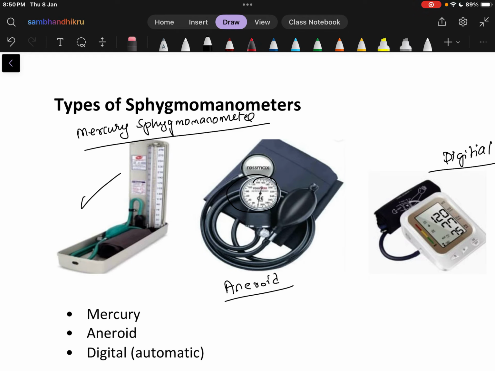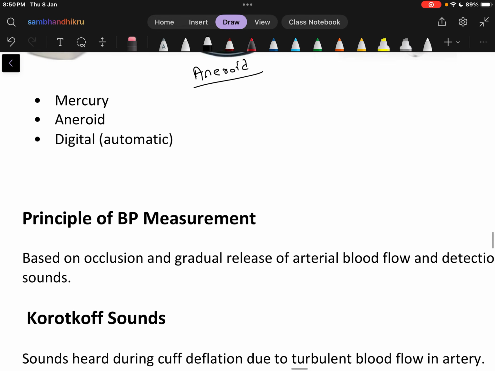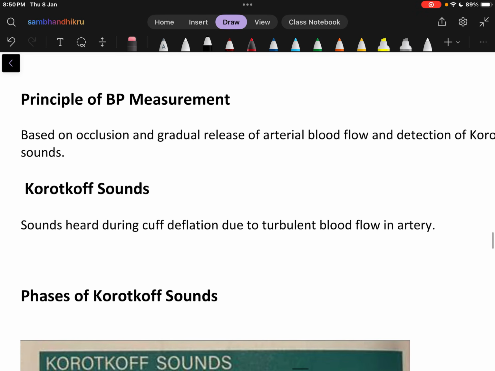Mercury. Clear? Which one is the highest cost? Mercury. And the most commonly used is digital. Which one is the least used? That is mercury. Clear?